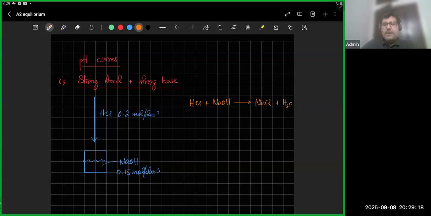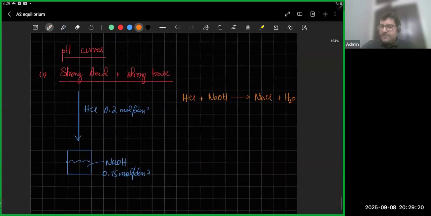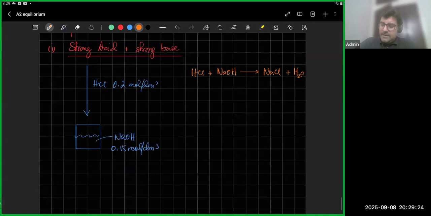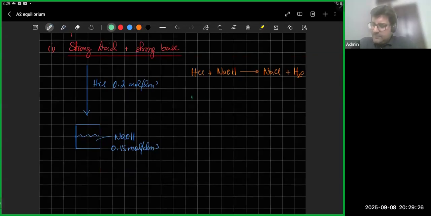So now, when you're plotting the titration curve, there are 3 points that you need to understand or plot. Point number one is you need to find or calculate the initial pH. Point number two is you're going to calculate the end point or the equivalence point.